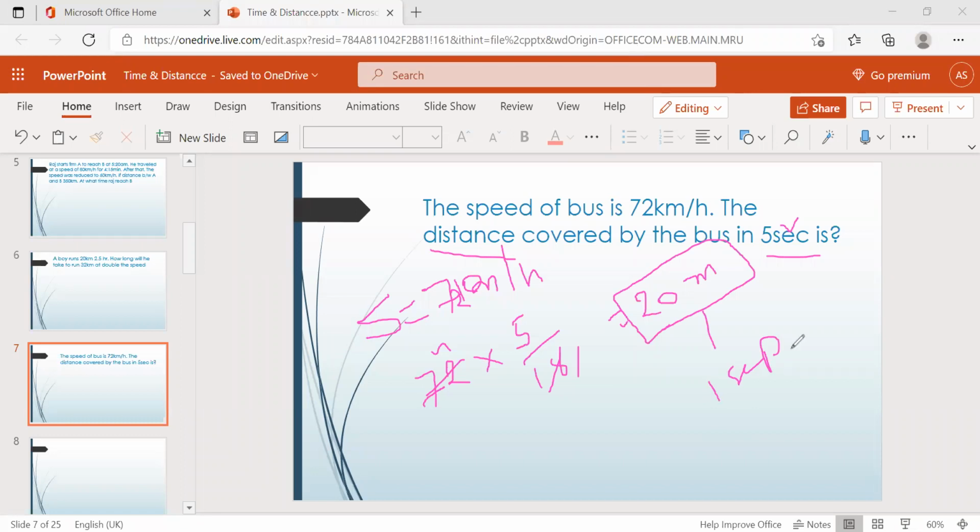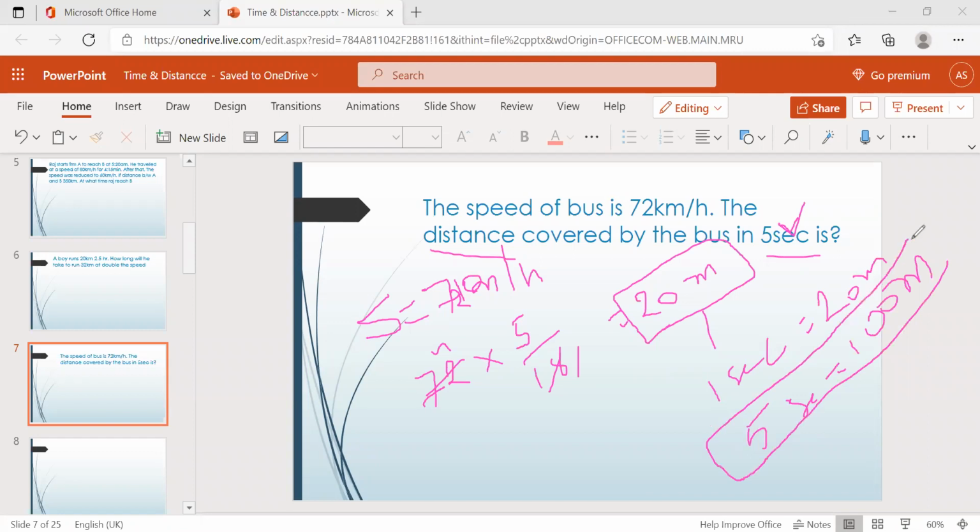Now they're asking how many seconds? 5 seconds. So 1 second is 20 meters, and 5 seconds is nothing but 100 meters. 100 meters is the answer. Clear?